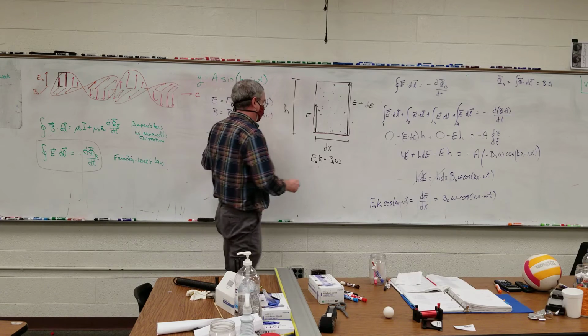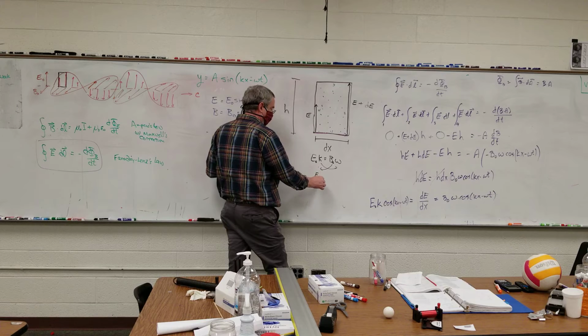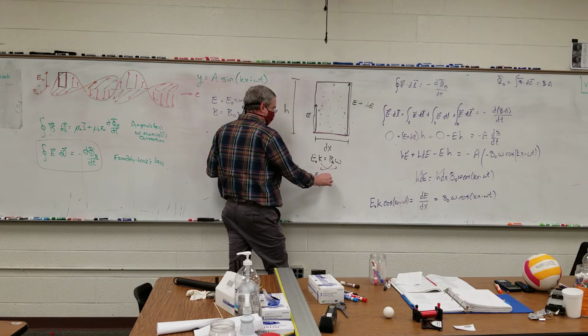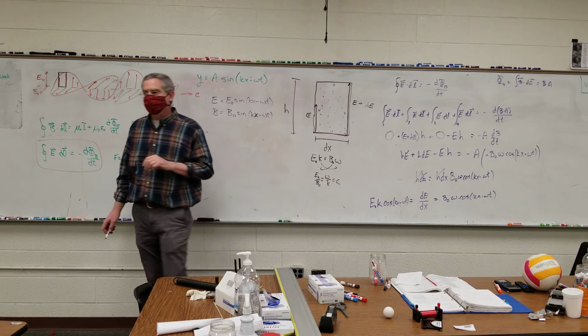And I'm going to bring K over to the right and B naught over to the left, and so I get E sub 0 over B sub 0 is equal to omega over K, which is the speed of the wave.